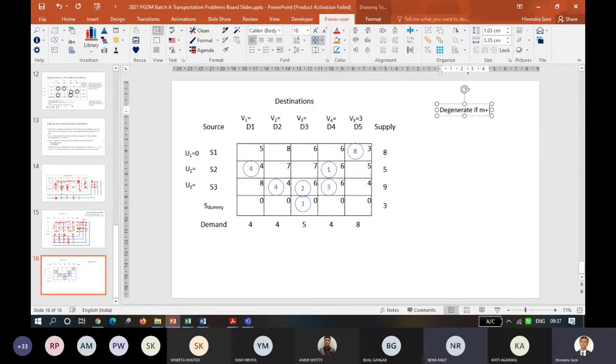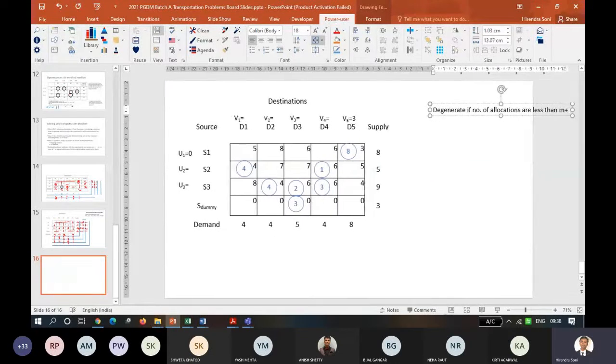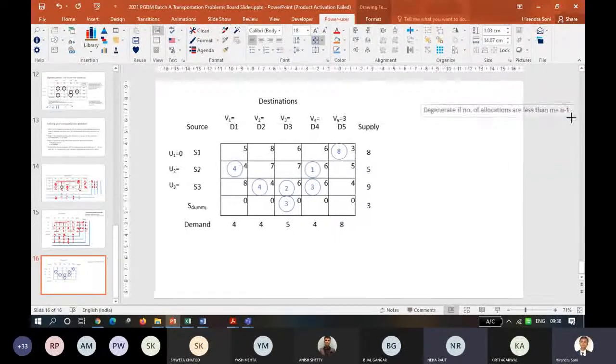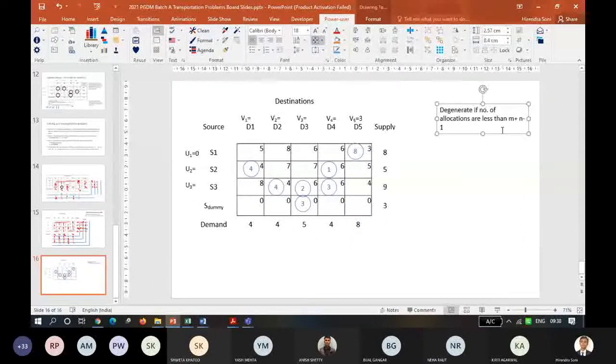Who gave that answer? Sir, Neha. Yeah, very good. If the number of allocations is less than m plus n minus 1.